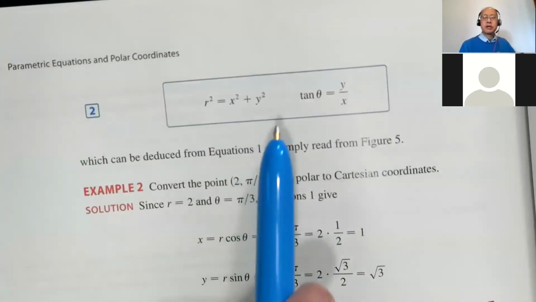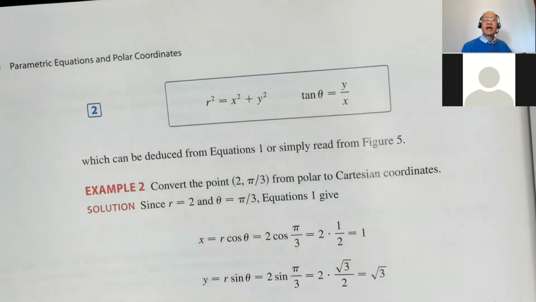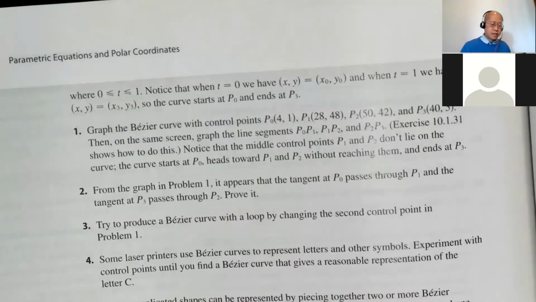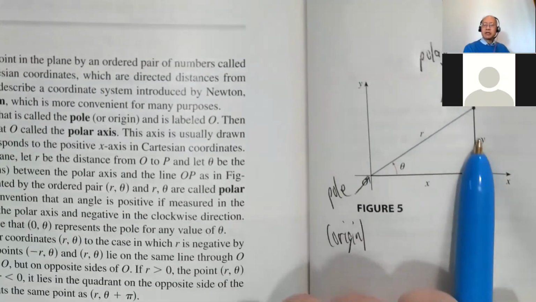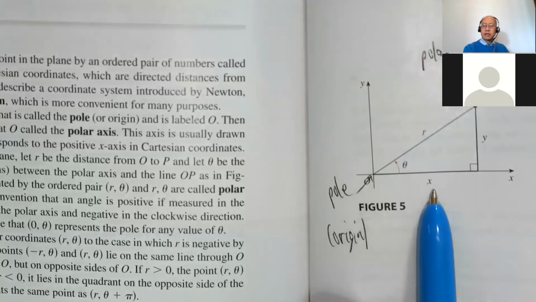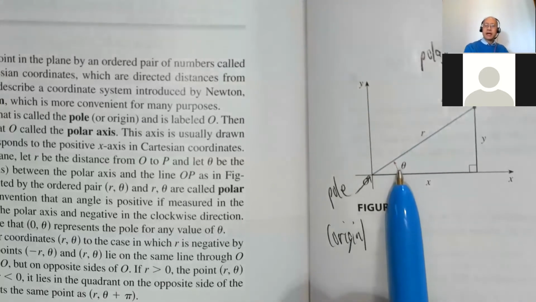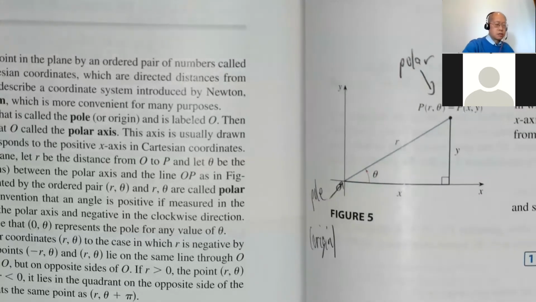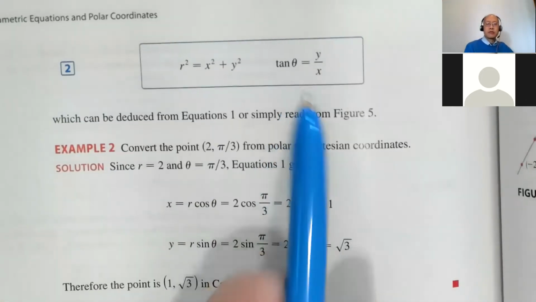Put this on your cheat sheet. Although you don't use it that much, there are some problems involving that. Tangent of theta equals y over x. Tangent is opposite over adjacent, so y over x. That makes sense. So put down tan theta equals y over x.